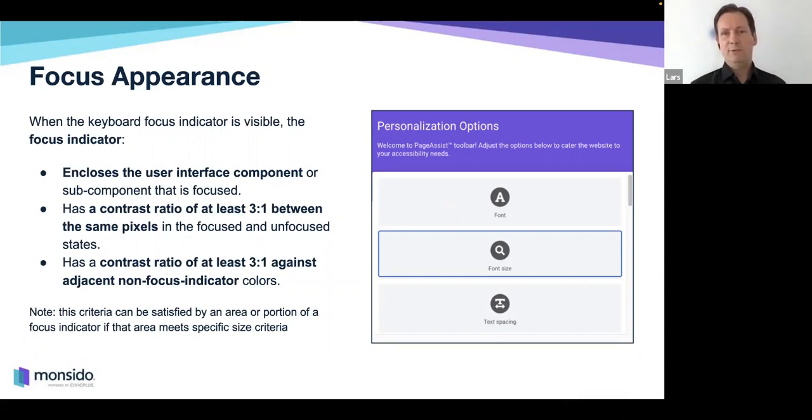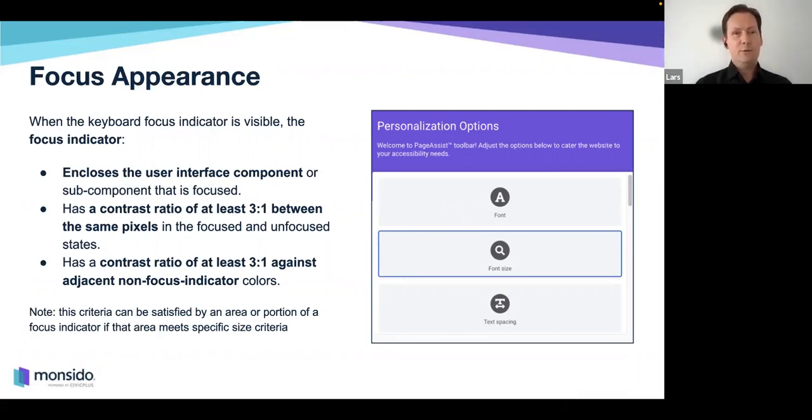There are some exceptions, but in general, you need your focus indicator not just to be one single pixel. You need it to surround the element, and then there are certain requirements for the contrast also, which we did not have before. So it does not work to have a very light gray focus indicator on a white background.